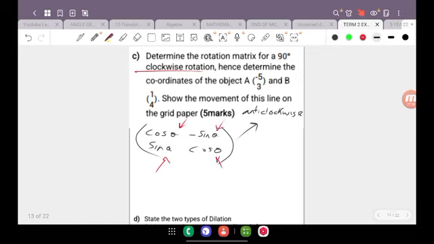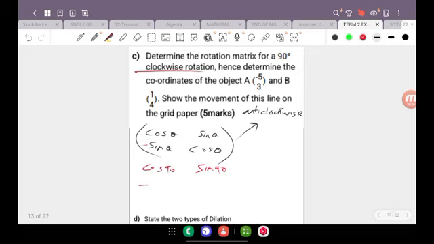Or you can simply remember to just change the position of the sign and put it here. Because I like when things are simple for me, I'm going to erase my negative sign from here, put my negative sign down here and just insert 90 degrees. So I'm going to have the cosine of 90, and then the sine of 90.